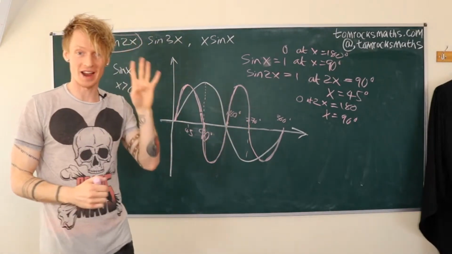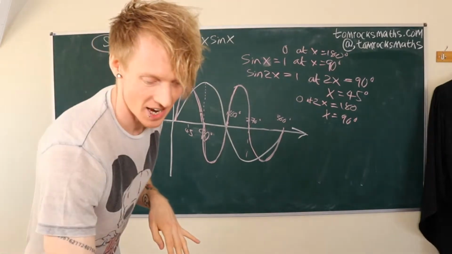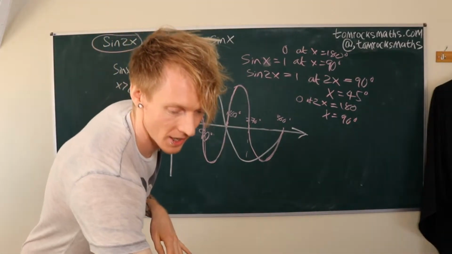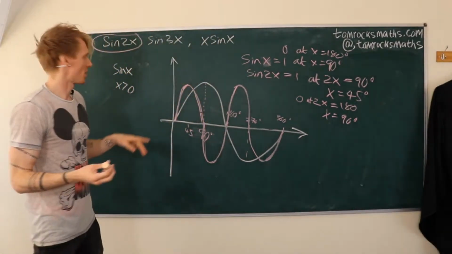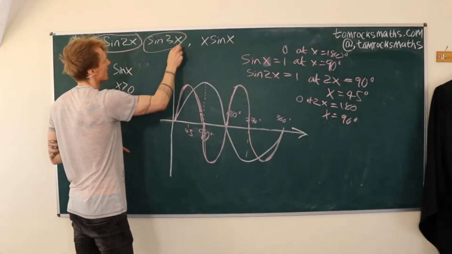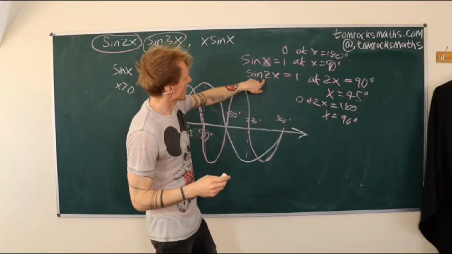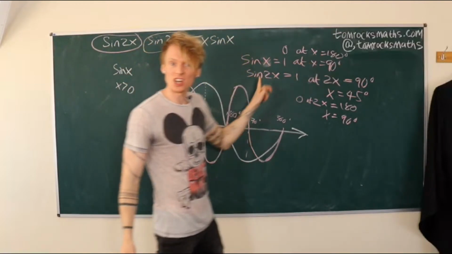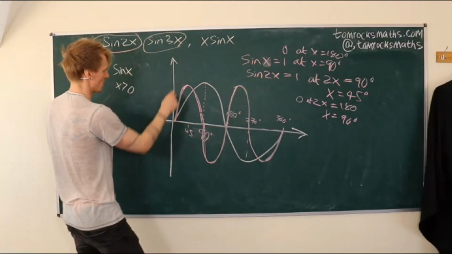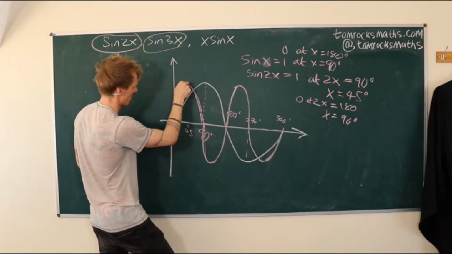And the accordion is actually quite a good picture to have in mind, because if we went a step further, let's use orange, and looked at sine of 3x, exact same idea. So 3x has to be 90 degrees, so x is 30 degrees now. So you're going to get your peak even sooner than we had.